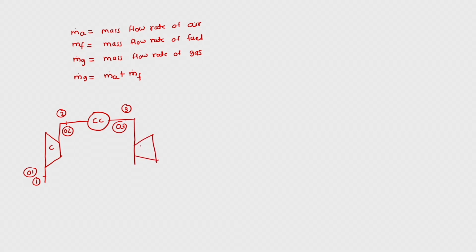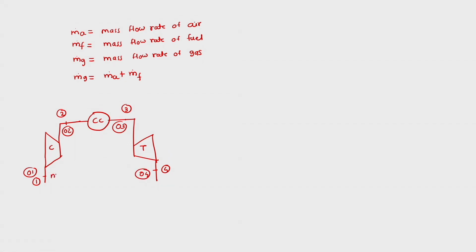We have state 1 or state not 1, then state 2 or state not 2, then the combustion chamber, and after the combustion chamber we have state 3 or not 3, and then the turbine, at the end of which we have state 4 or not 4.